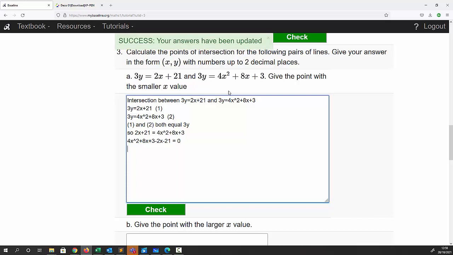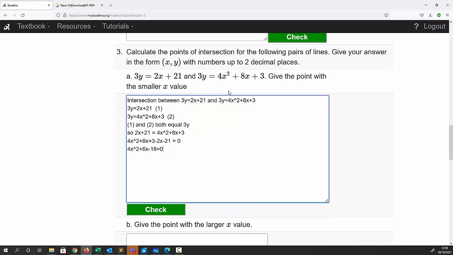Okay, which means that 4x squared plus 6x minus 18 equals 0. And then you've just got a quadratic to solve. And then what you're going to get is give the point with the smaller x value.